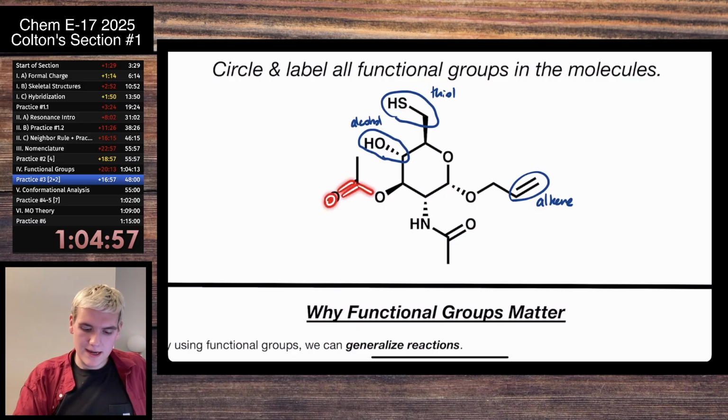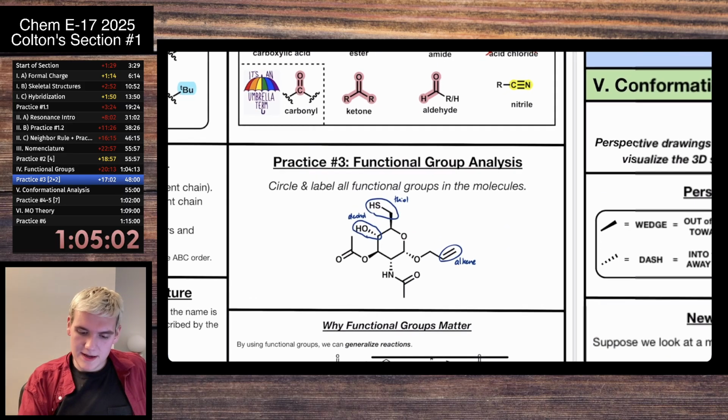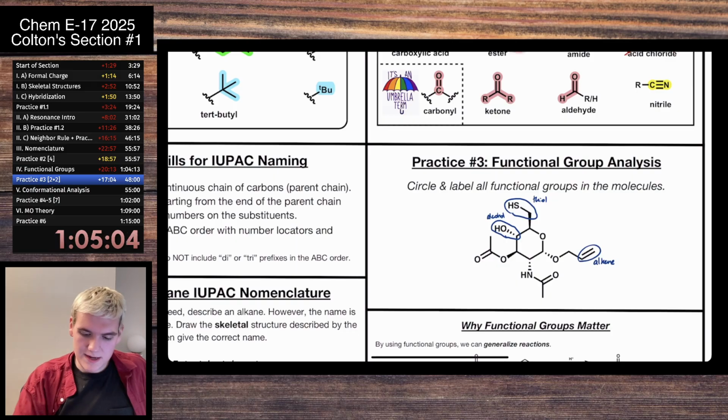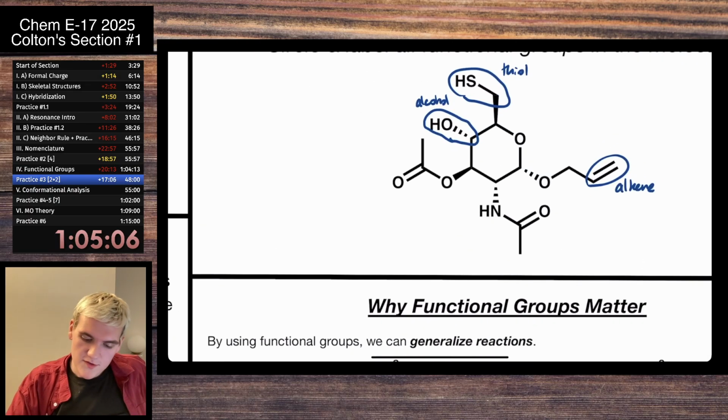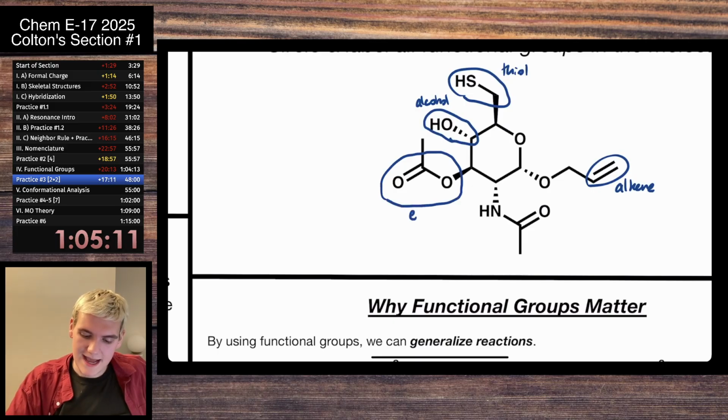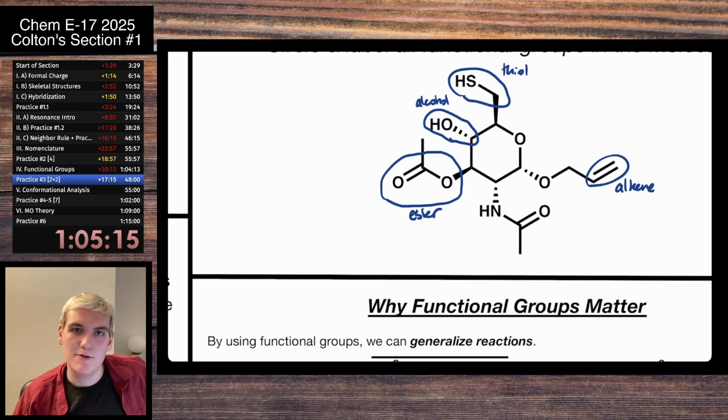Here we have a carbonyl, and it's adjacent to this thing that looks like an ether. And so we said that carbonyls with an ether next to them are really called esters. And when you circle it, you are going to want to circle all of the atoms that would be necessary to call it an ester, which includes this oxygen over here, the neighbor.